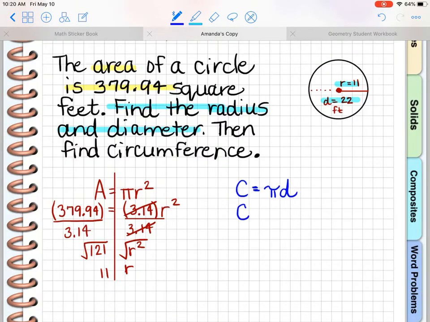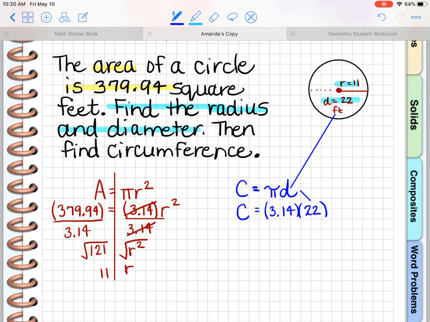We don't know circumference, that's what we're looking for, but we know pi, and be careful here. What does the formula ask you for? It asks you for D, and that's what you have to put in there. If you put R, you've missed it right here.